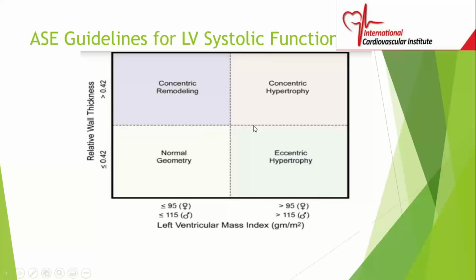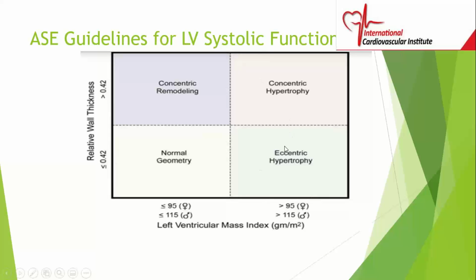If the relative wall thickness is less than or equal to 0.42 and the mass index is increased, then we call that eccentric hypertrophy. Concentric hypertrophy is when the mass index for females is greater than 95, males greater than 115, and the relative wall thickness greater than 0.42.